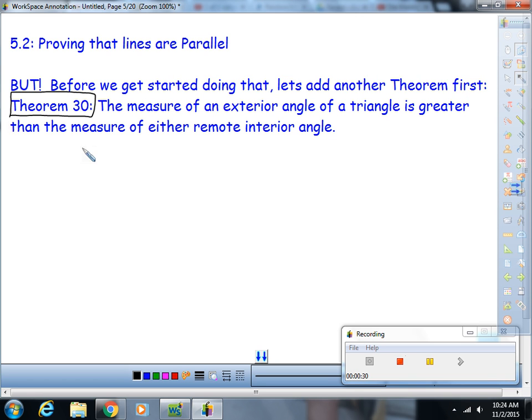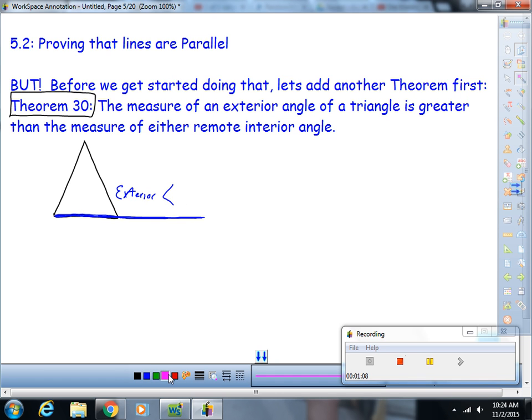Oh, geez. Okay, here's what this means. Take a triangle. Now, it's got no exterior angle right now. So, in order to make an exterior angle, take one of the sides and just extend it. All right, so look. Here is our exterior angle.